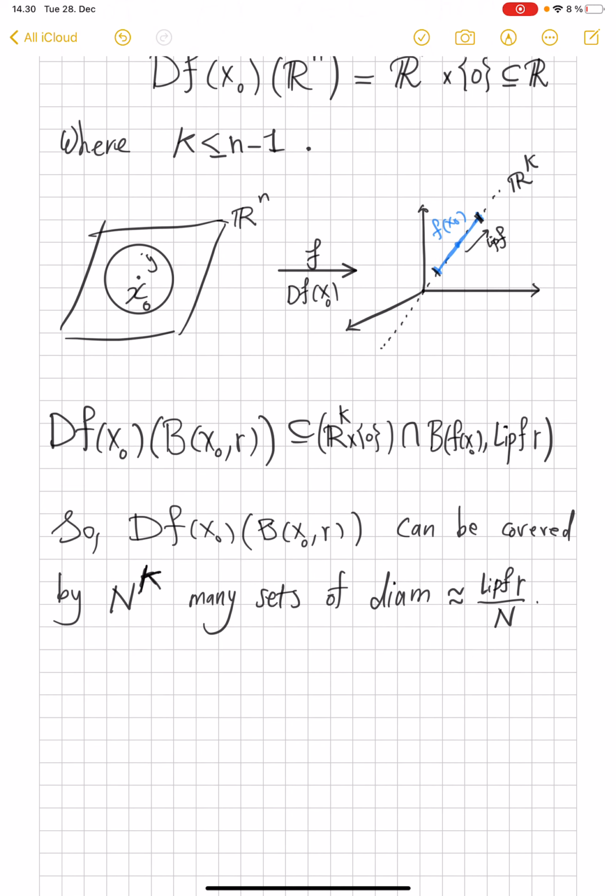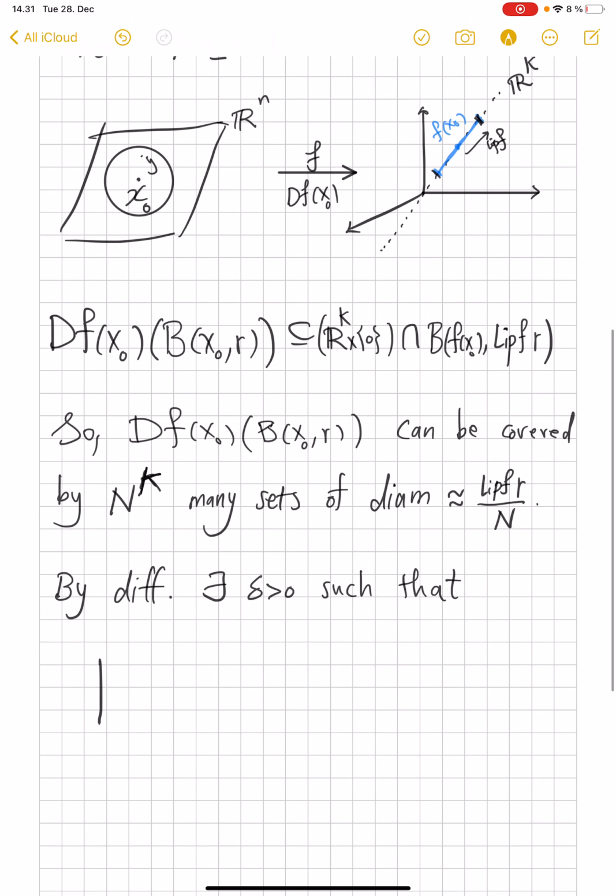Okay, how about image of f? Remember, we want to show that image of f is small, not image of the derivative. By differentiability, there exists some delta positive such that, okay, what does differentiability mean? f of y minus f of x0 minus derivative at x0 applied to y minus x0, divided by y minus x0 goes to 0.